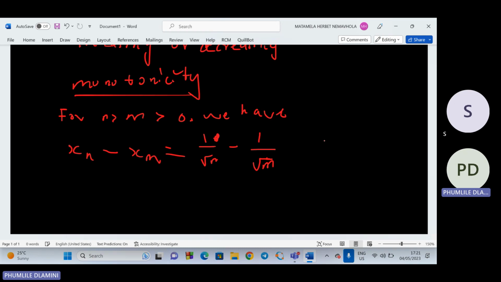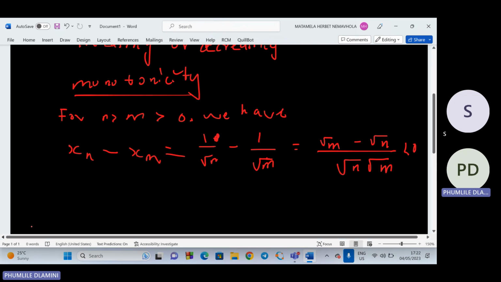If we take the lowest common multiple of these two, we have square root of n times square root of m, which is equal to, if you divide this by this, you're left with square root of m multiplied by 1 minus square root of n. This is going to be less than 0.